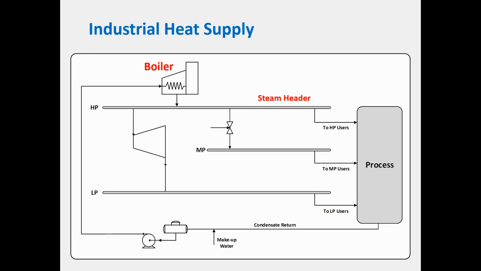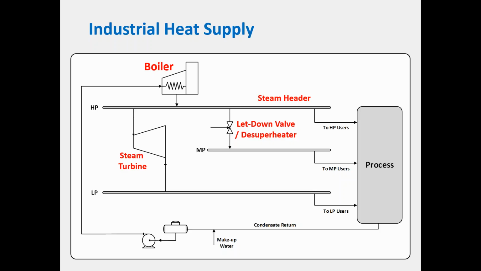So in this particular case, we have a HP or high pressure steam header, a medium pressure, and a low pressure steam header. We may have a letdown valve or letdown station. Maybe we have superheating, maybe we don't. And that is basically to drop the pressure from one steam pressure to another.